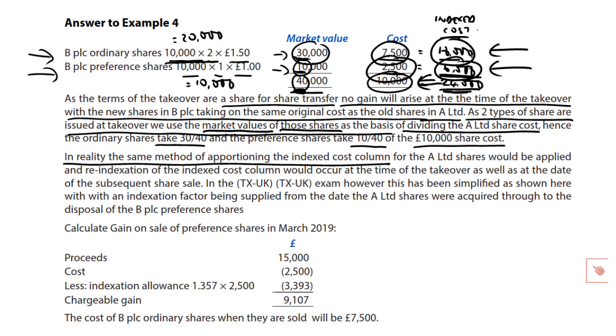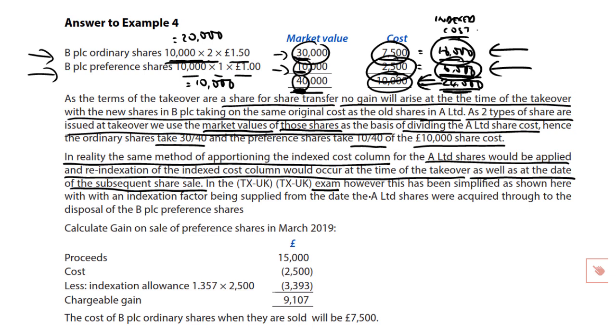Historically, what they've done in terms of exam questions, to the extent that we've seen the answers to these exam questions, and the questions themselves, is that in reality the same method of apportioning the index cost column for the A Limited shares would be applied and re-indexation of the index cost column would occur at the time of the takeover, that's what I've just explained, as well as at the date of the subsequent share sale.